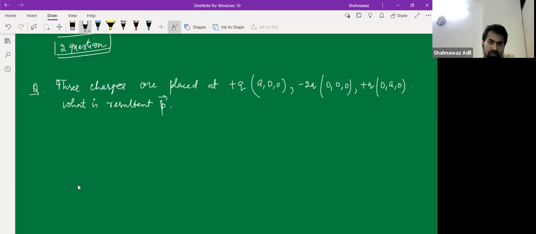Today, my goal is that I want to start. Okay, so many of the people are not here. Plus Q coordinates at 0, A, 0. There are two plus Q, one is A, 0, 0, the other one is 0, A, 0.